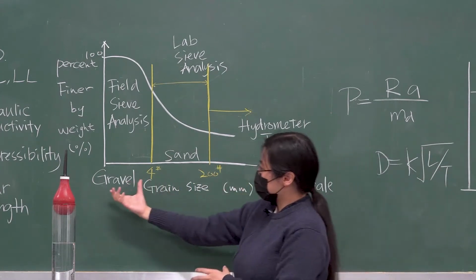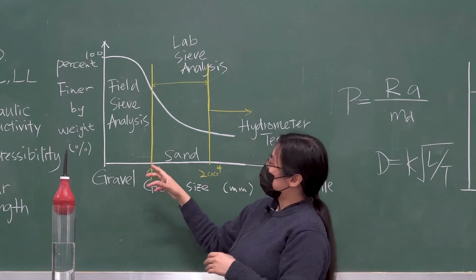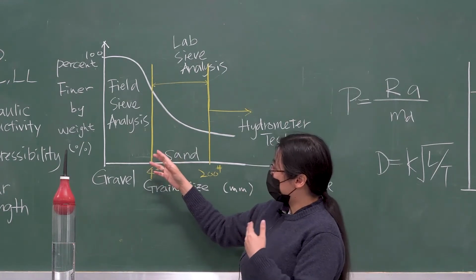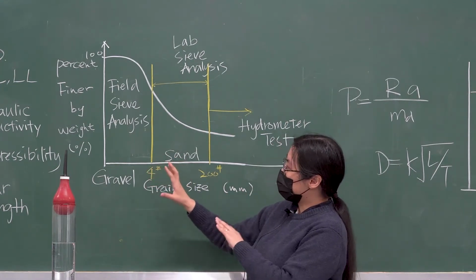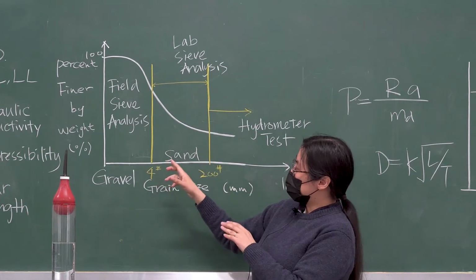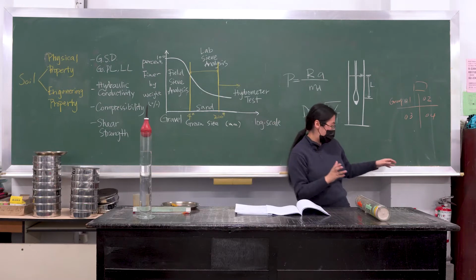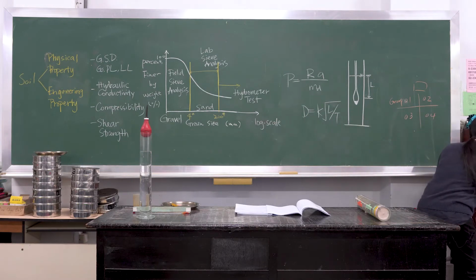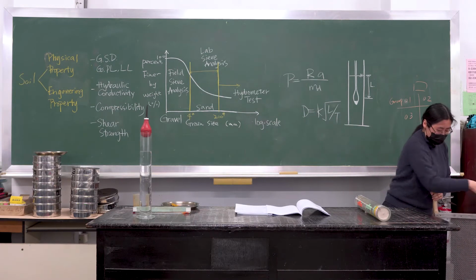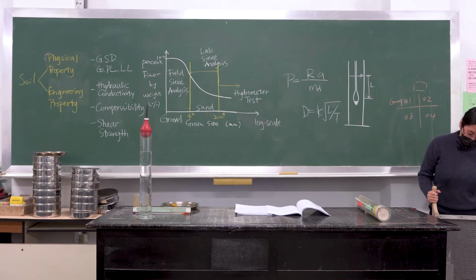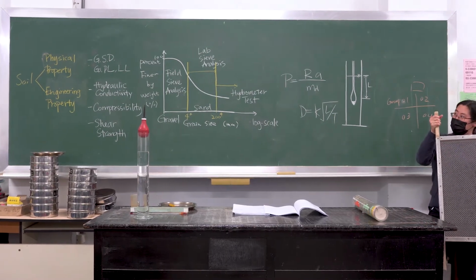And then for the gravel, because they are large particles, soil with large particles, actually we are not going to do that in this lab. Honestly, what we have to do is, in the field, we will need to first filter out all these large size gravel by using this field sieve.